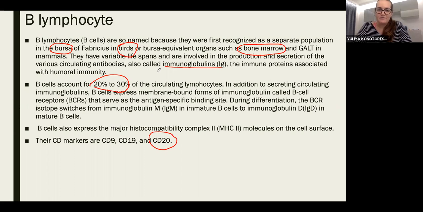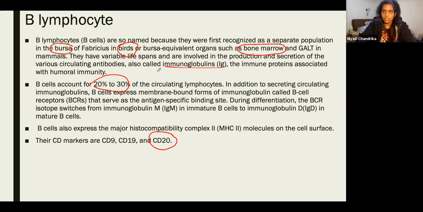Will it have CD2, 3, 5, 7? No. No, because who has CD2, 3, 5, 7? T lymphocytes. So don't forget that. CD2, 3, 5, 7 are only present on T lymphocytes, but not on B lymphocytes. So if they ask you this question, CD2 can be used to differentiate between B and T lymphocyte.